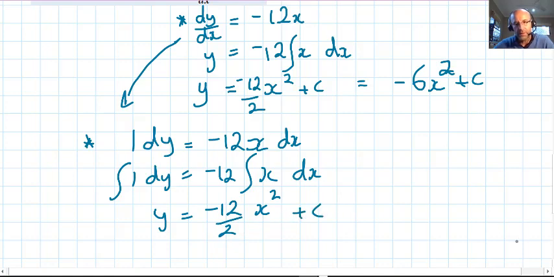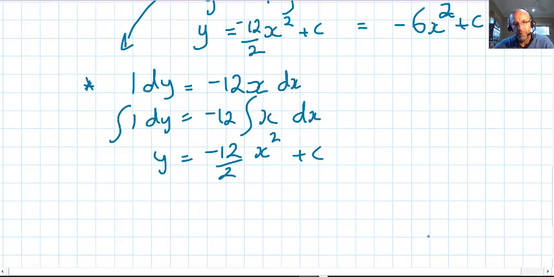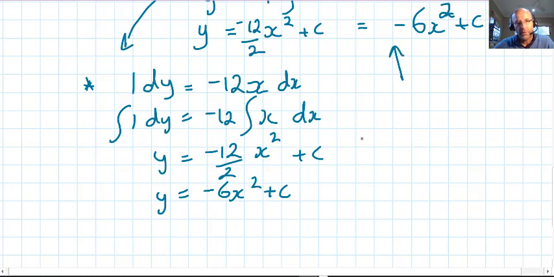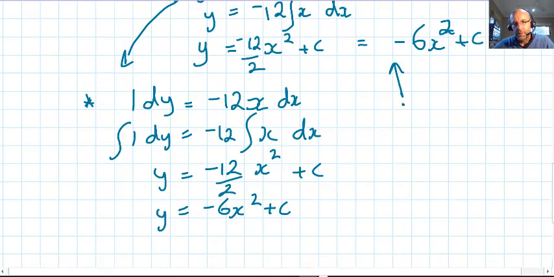There's constants on each side, left side and right side. We bundle them together as a generic constant, and that's negative 6x squared plus c as well. It's not hugely important to do it that way for type 1. You can stick to what you've known before, but for type 2 and 3, you will be using the separation of variables method. Okay, so that's a general solution because there's a plus c.